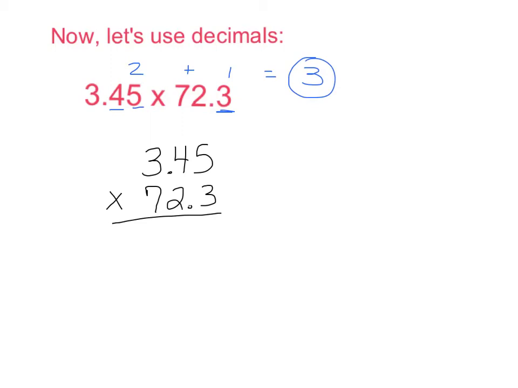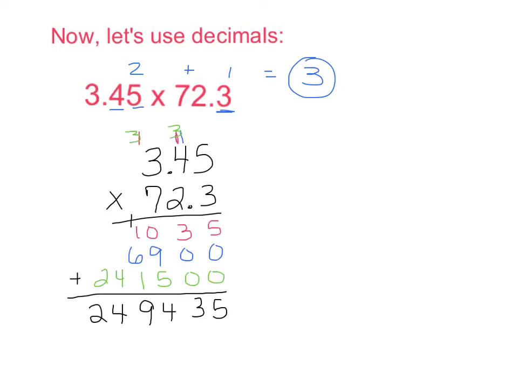So I'm going to follow the same steps as before. I'm going to pause the video and do this to save a little bit of time. And as you can see, I arrived at the same numbers for my answer, 249,435. But because I had decimals in the original problem, I need to make sure I have 3 decimal places at the end.